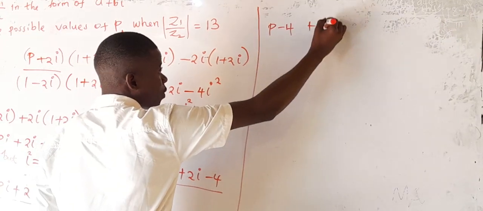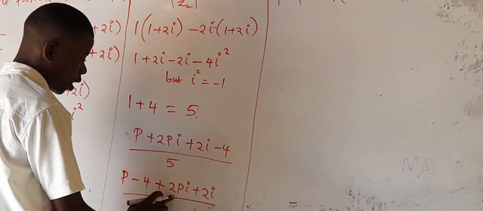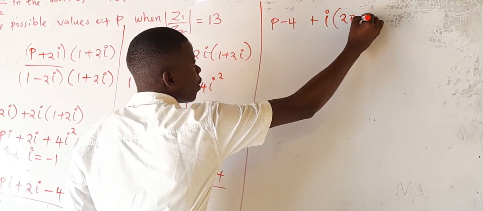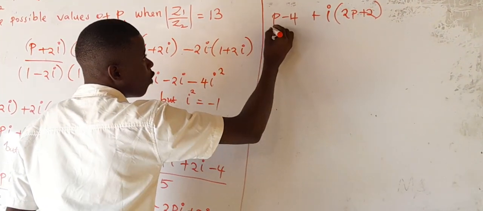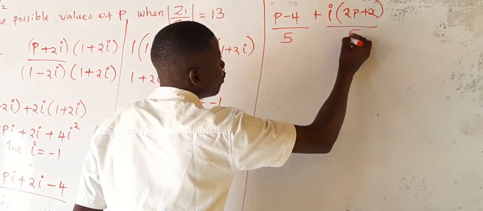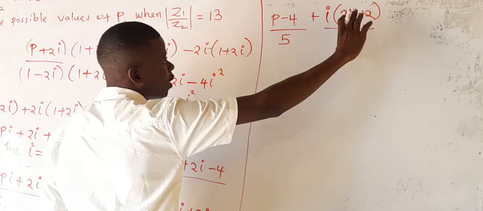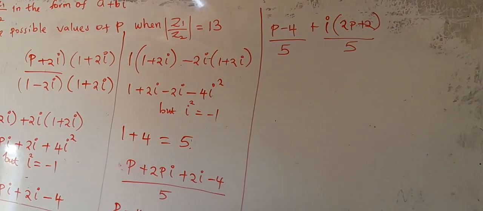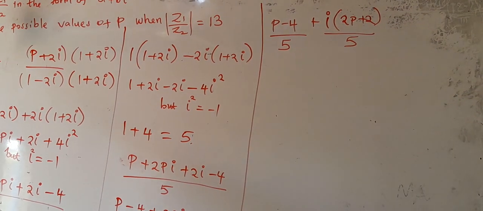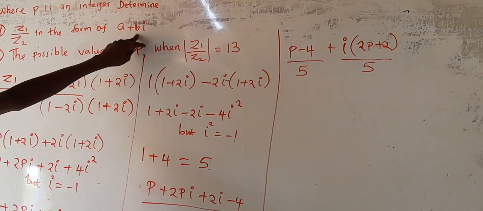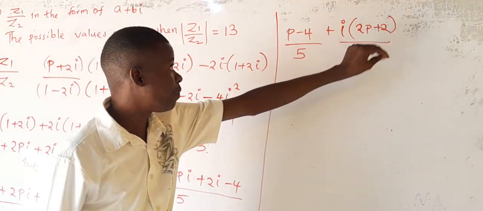So we're going to have i into brackets 2p plus 2, over 5. So we divide by 5 here, and we divide by 5 here. So this one now becomes our a, this one becomes our b, and this one is i. So we have solved the first part of the question. We have expressed z1 over z2 in the form of a plus bi.